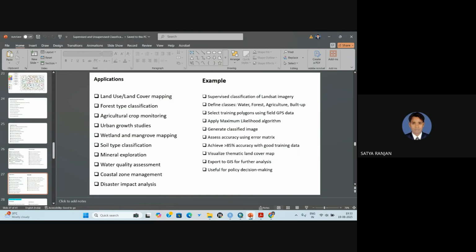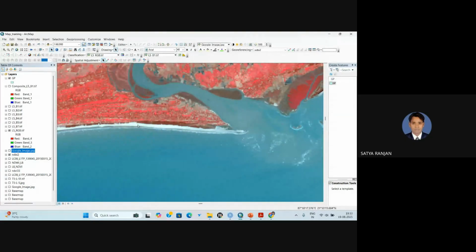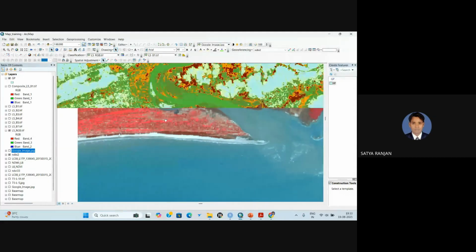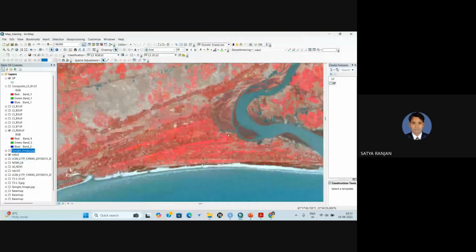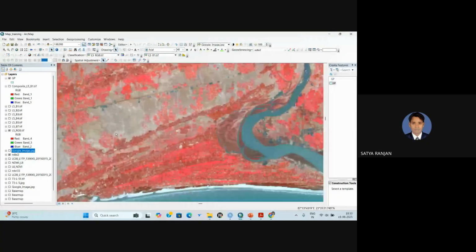Actually, machine learning also uses this association technique. If we give sandy area samples, then it creates the sandy areas. But sometimes small polygons are also created in the middle of the areas that are different features.